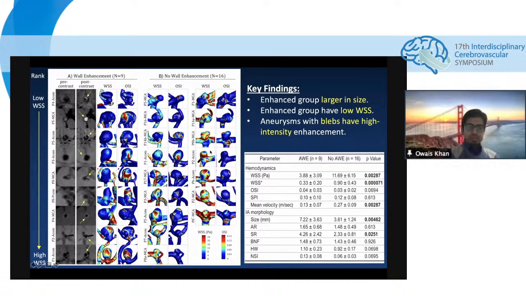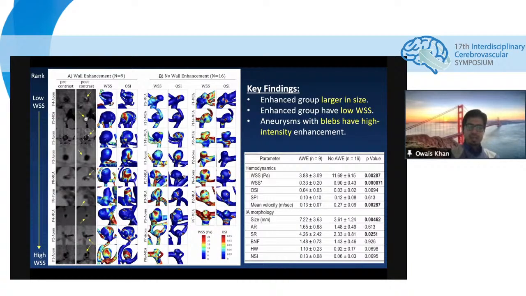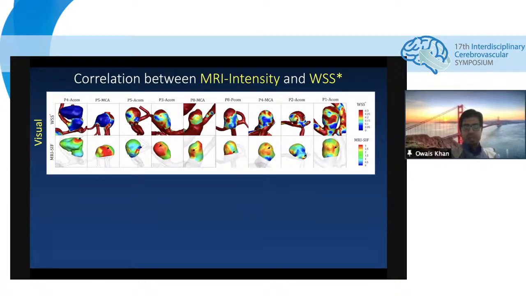So now let's move on to the quantification piece, right? Here we're just looking at differences in the non-enhanced and enhanced groups. But if we just focus on the enhanced group, how do they correlate with the MRI signal intensity that we quantified earlier?